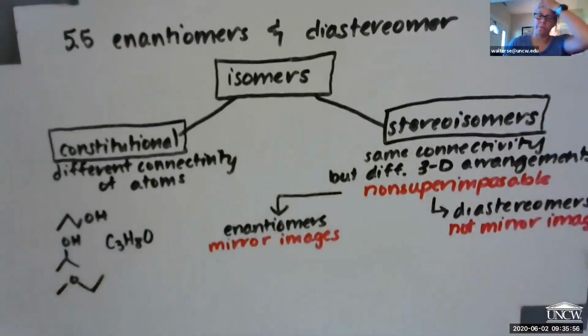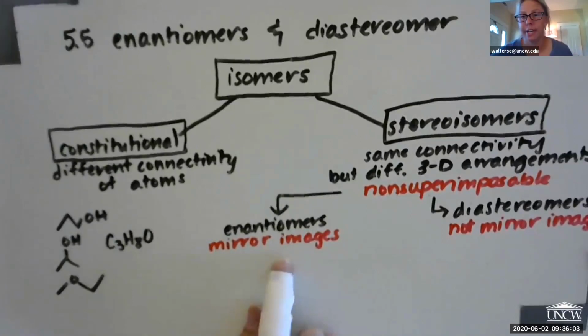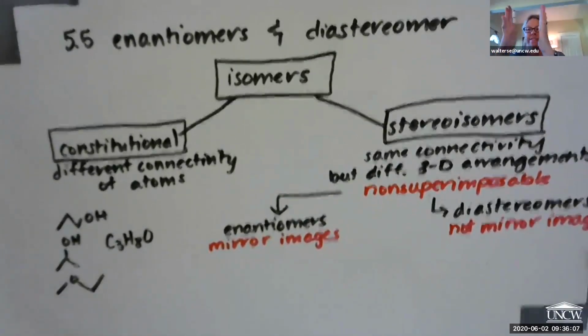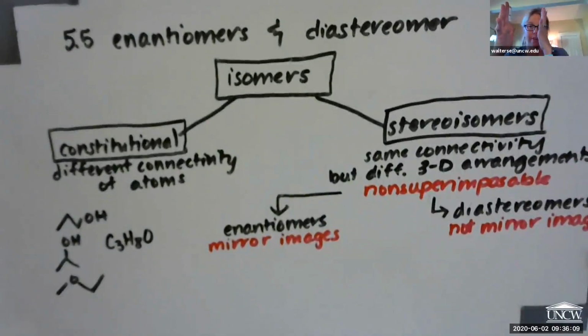So the way to think about this, if we go back to enantiomers and you put your hands up so that they face one another: we've already discussed that if you put your left hand up to a mirror, the reflection is going to be your right hand.